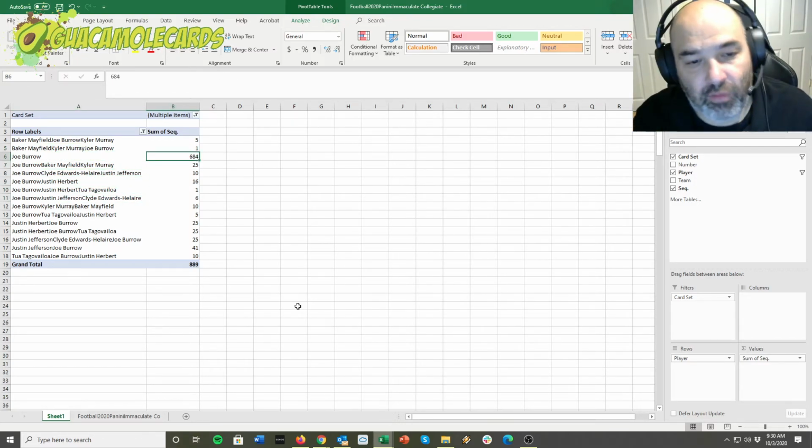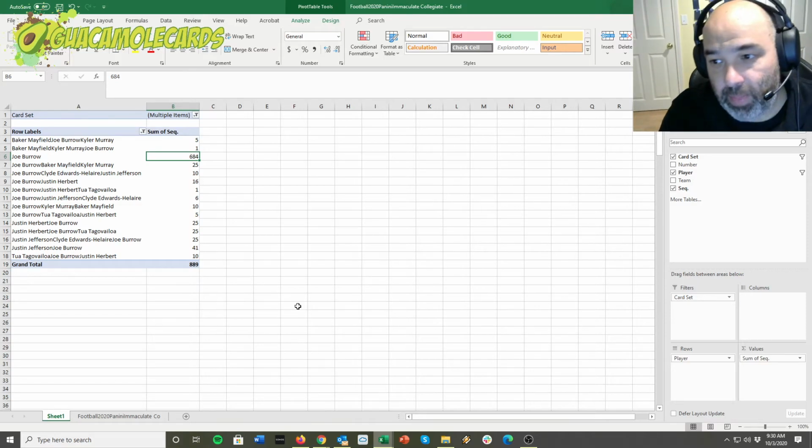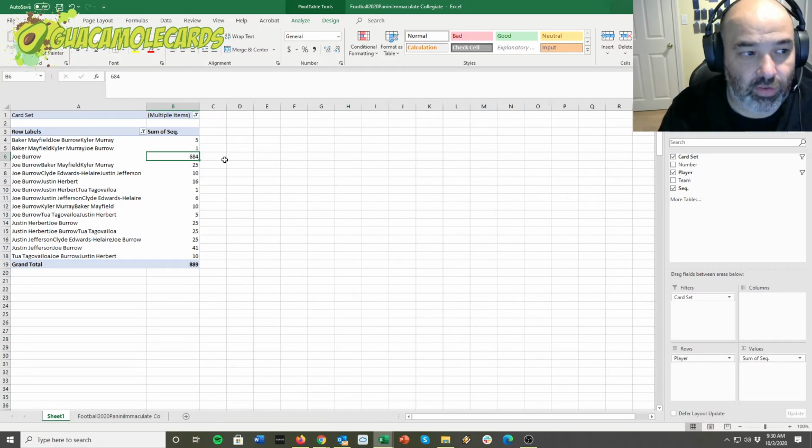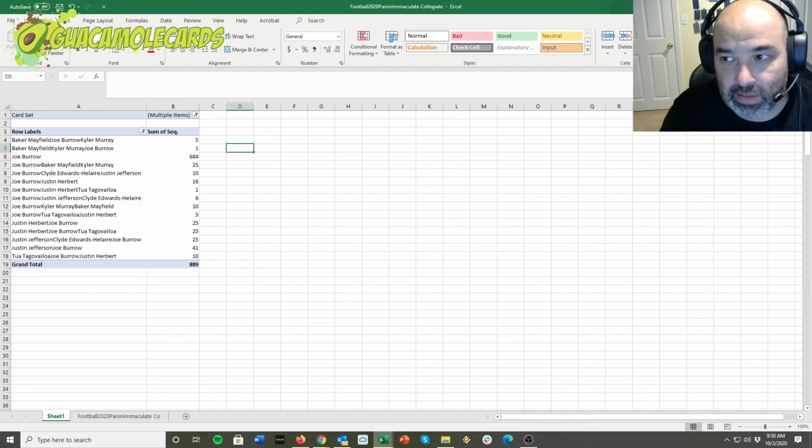So there are 684 cards and 8,500 boxes. You can do some math and figure out your probability of hitting one of those cards as one of your hits.